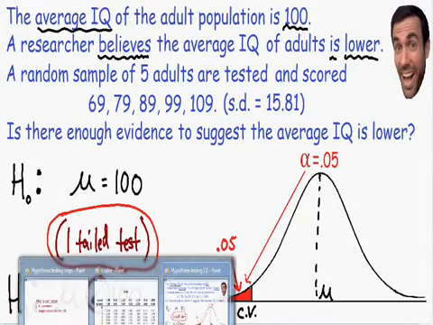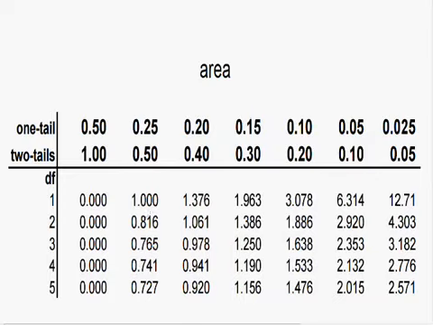So if we go to our t-table, we see that in the top row we have the area of one tail. So we know that the area of one tail is equal to 0.05. So we have to use this column with the area of 0.05. And on the left side of the table, we have our degrees of freedom.